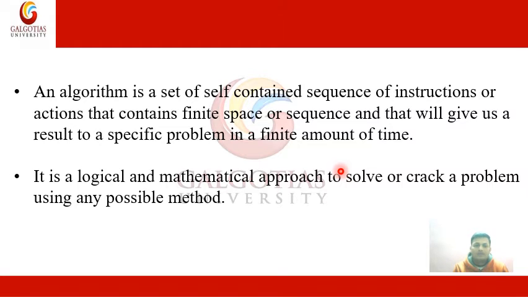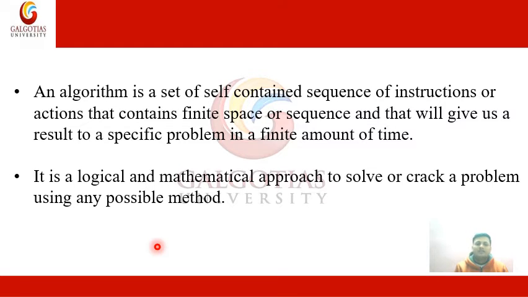Next, it is a logical and mathematical approach to solve or crack a problem using any possible method. If there are a large number of methods, we select some methods out of those. Those methods are logical or mathematical methods; behind them there is some mathematics or some logic.